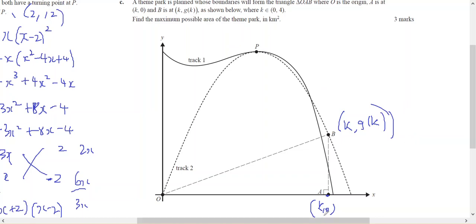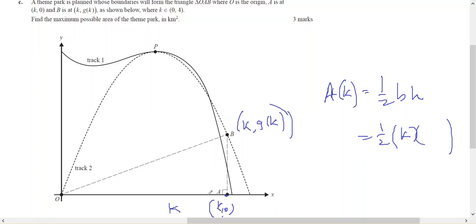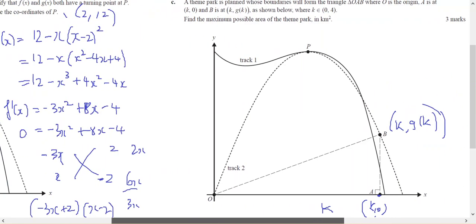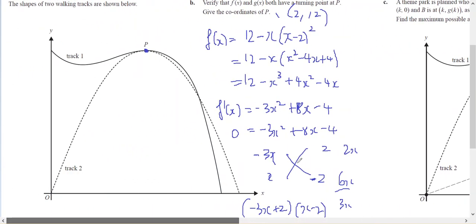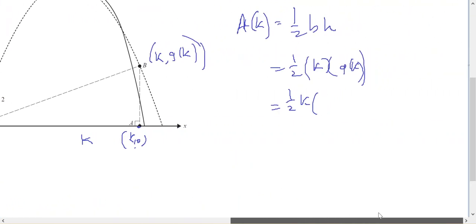Okay, so the area expression for the theme park will be A of k. It's going to be a half base times height. A half, my base will be k, and the height of this will be g of k. It's going to be a half times k times g of k, and g of k is this here, 12k minus 3k squared.